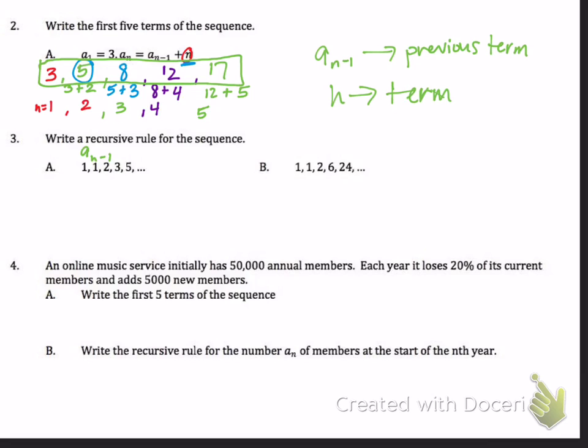a n minus 1, so that's a good place to start. So if we have the first term, which is like a0 equals 1, a1 equals 1, a2 equals 2, a3 equals 3, and a4 equals 5.